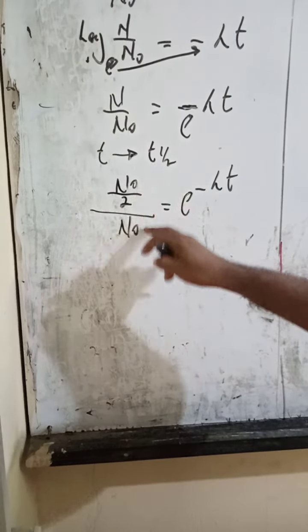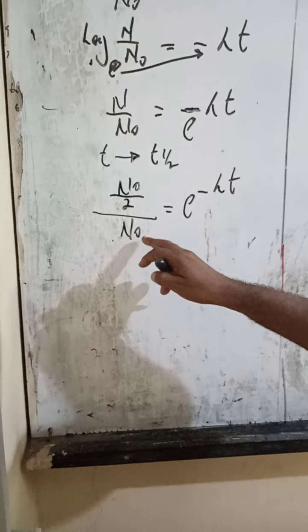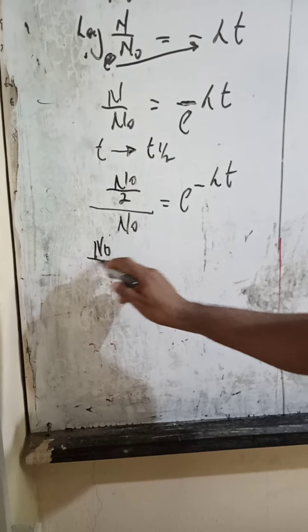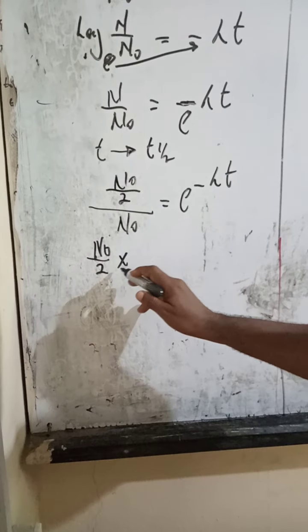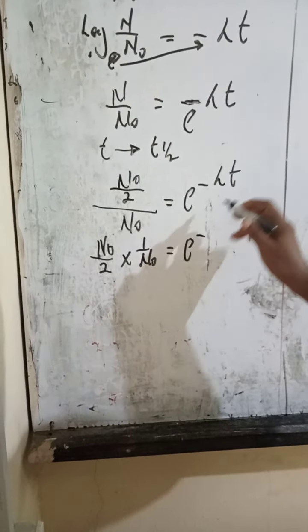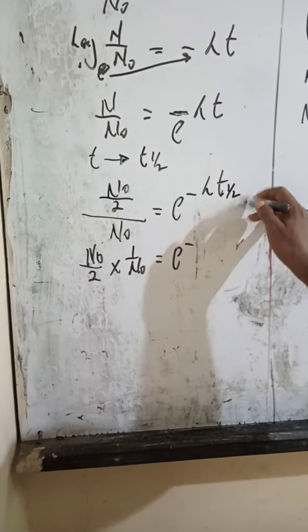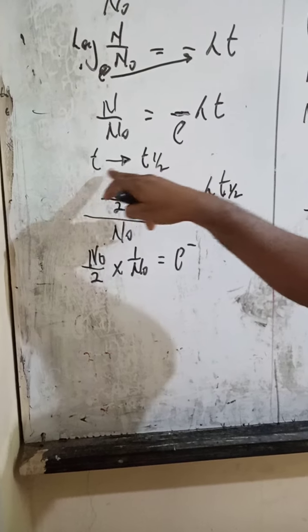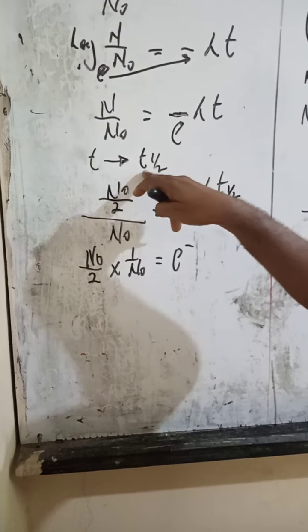Now if you look at this one, n0 divided by 2 divided by n0, we can have it as n0 divided by 2 times 1 over n0 is equal to e raised to the power minus this, where t becomes half, because this t has been changed to half-life, that is t half.